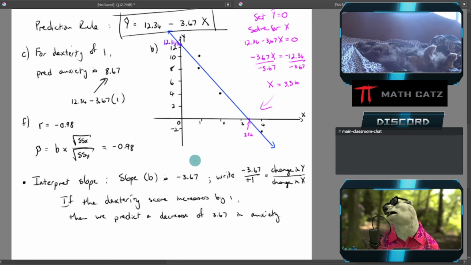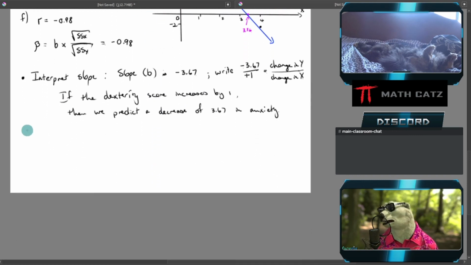Not as useful to interpret as the slope, because very often the 0 is a very extreme, unrealistic situation. Whereas the slope gives me a general trend of if the variable changes, how does the prediction change? So that's very valuable.